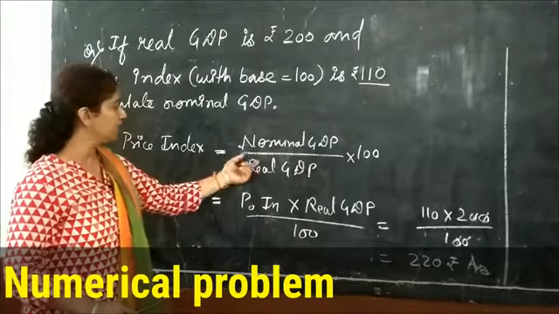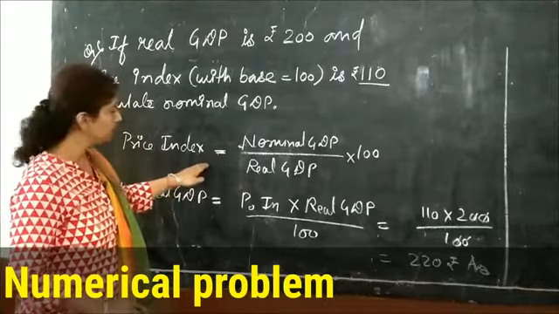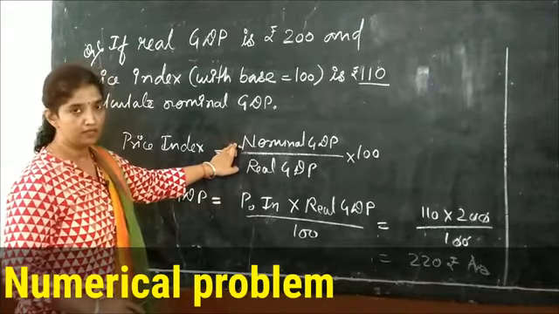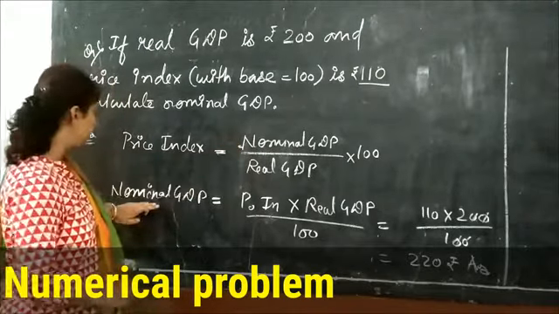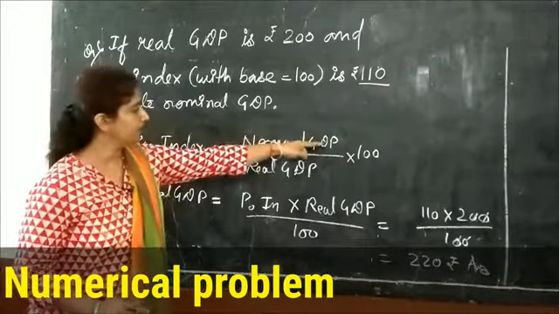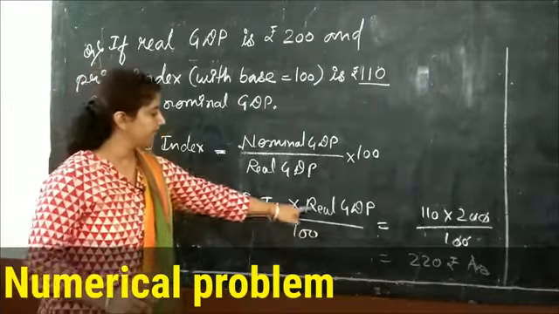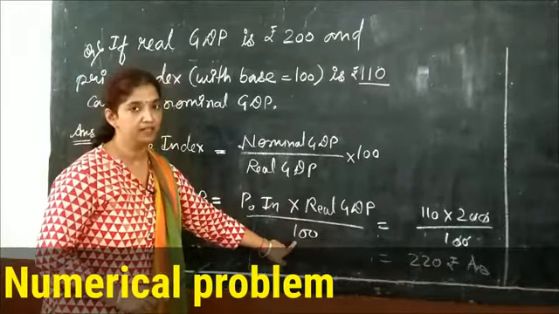But we have to calculate nominal GDP, so we solve this formula for nominal GDP. Nominal GDP equals price index multiplied by real GDP divided by 100.